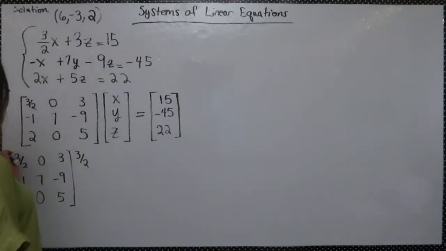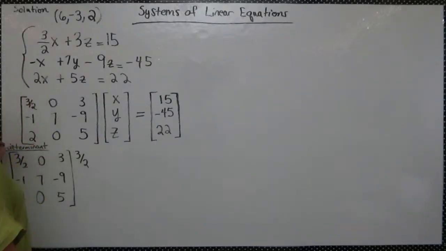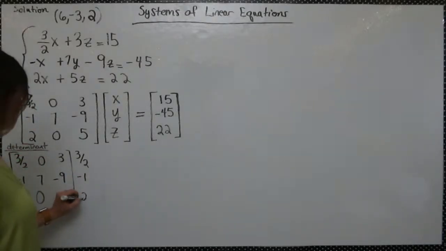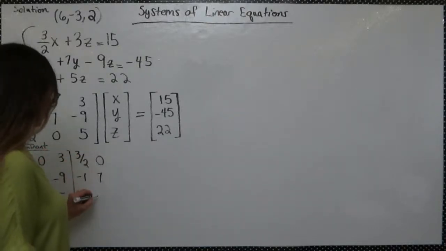I didn't leave room, did I? Here, we'll try to sneak it in here. Determinant. Okay. 3, -1, and 2, and 0, 7, 0.